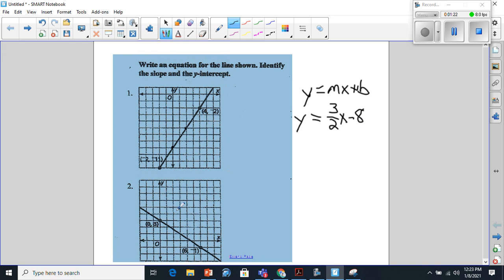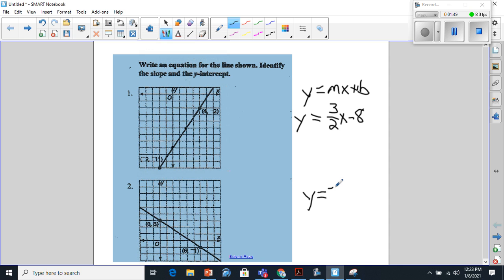Number 2, once again, we're going to use the same linear equation, but this time we notice that it's going downward. So I know this is going to be a negative slope. Let's see what the slope change is. We see that there's a dot here. It also crosses here. So that's 1, 2 down and 1, 2, 3 over.